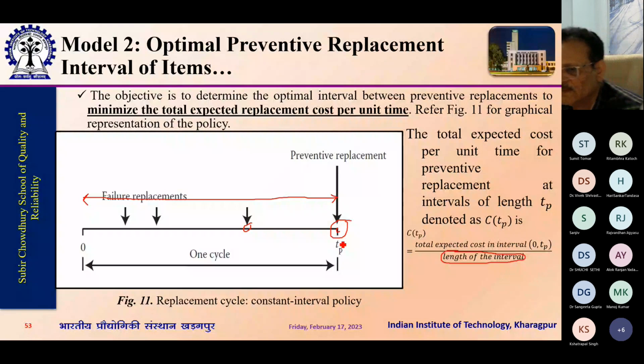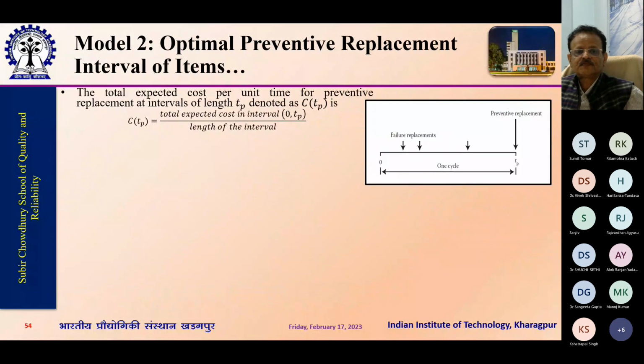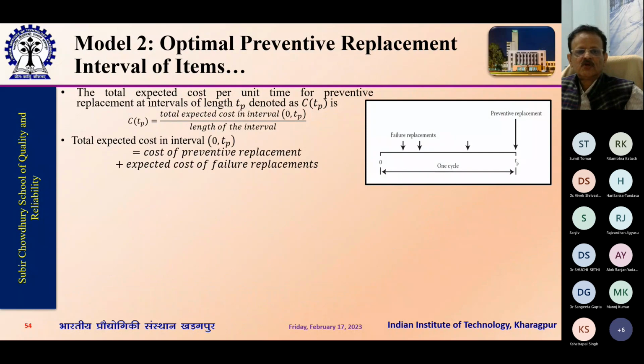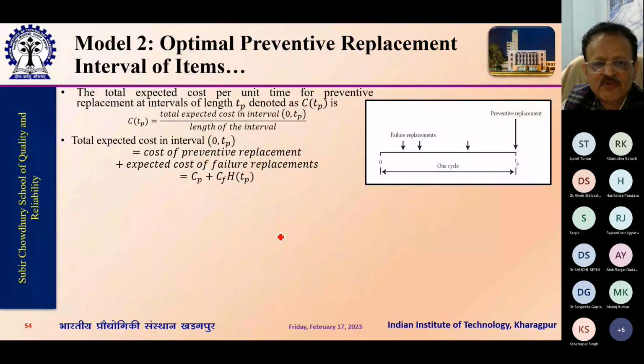There is no expectation. But the numerator we definitely have to take expectation of: cost of preventive replacement and expected cost of failure replacement. So this needs the expected number of failures. Cost of preventive replacement we have assumed, and cost of failure replacement. And here we need how many failures are expected to occur.